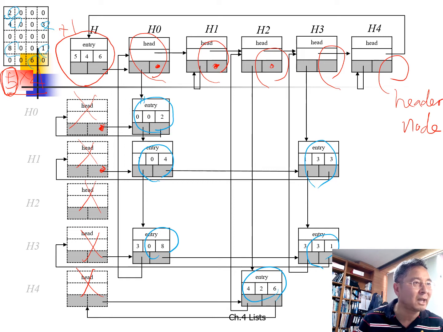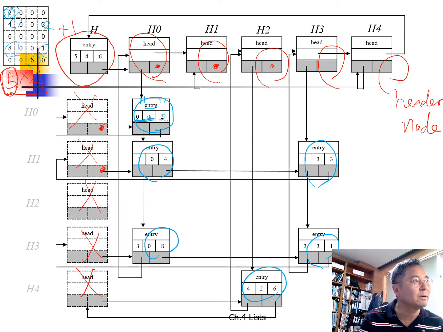Each entry node has a tag field entry and a location. Where does the non-zero value exist? This is at location 0 by 0, so 0, 0, and the non-zero value is 2.